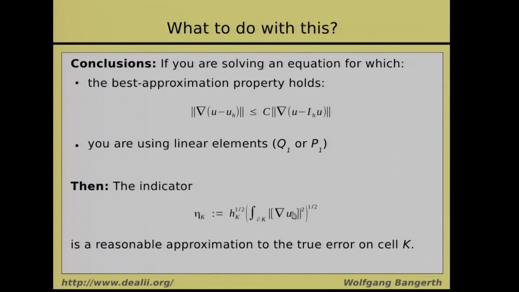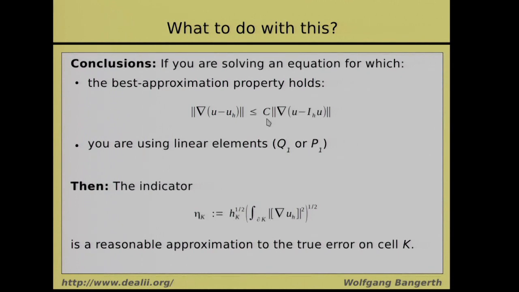So what I end up with is that if I want to estimate the error in my finite element solution, so I want the energy error here, I can bound this by the interpolation error, and I could have omitted the c. So c for the Laplace equation is 1, but for other equations it might be bigger than 1.